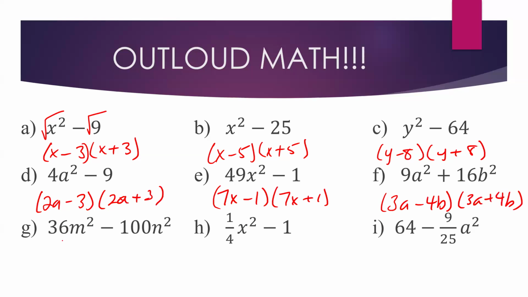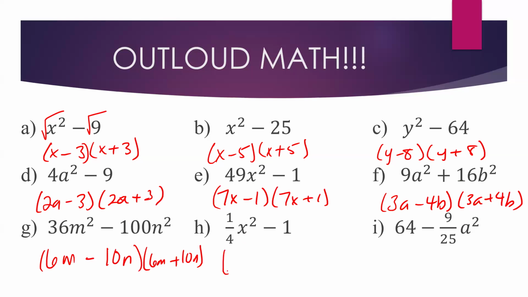What is the square root of 36m squared? I'm going to go back in a second and ask you, what did I do wrong here? 100 and 100 n squared. So I have 6m, and then I'm going to also have to have, what about a fraction?